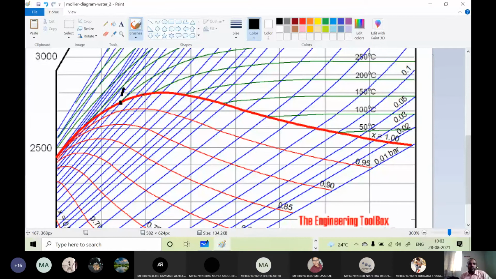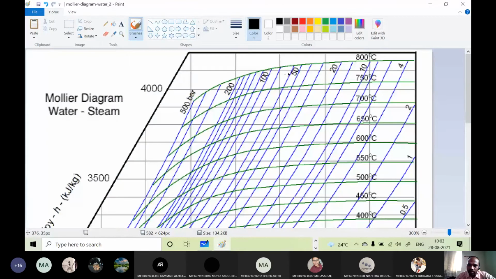Now, corresponding to initial point 1, what is the exit pressure? Exit pressure is 50 bar. Now where is the 50 bar line? This line is the 50 bar line.